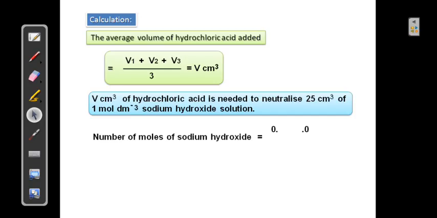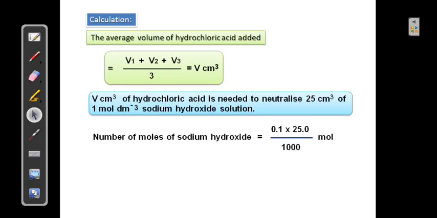So now the number of moles of sodium hydroxide. To get the number of moles, the concentration is 0.1, as you can see, it's all given. 0.1 times 25, divided by 1000. You will get the mole, because you are required in mole, but you are given in cubic centimeter. So naturally you have to convert them.